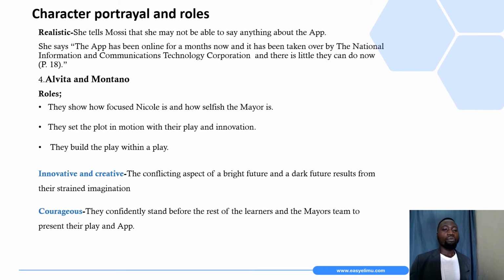So some of the character portrayal that we have in her in this scene is that she is realistic. So she tells Mosi that she may not be able to say anything about the app.